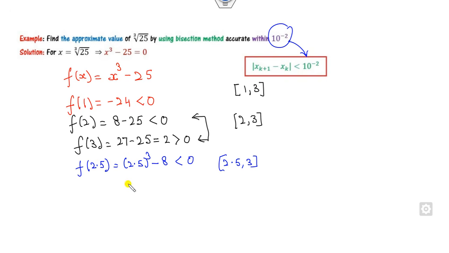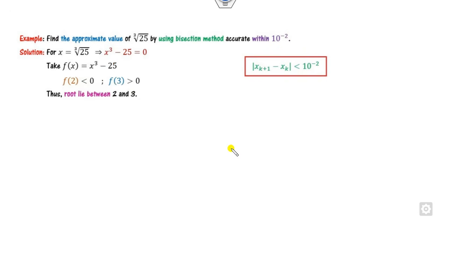Fine. You may think about f of 2.7. For example, if it is greater than 0, then the root lies between 2.5 and 2.7, because 2.5 is less than and 2.7 is greater than. So choose the interval as small as possible, then it will take fewer iterations.